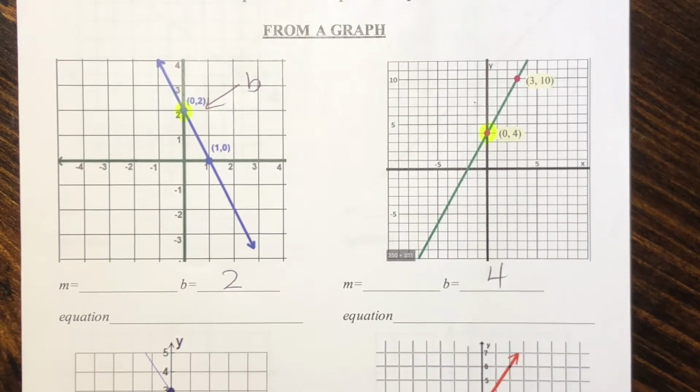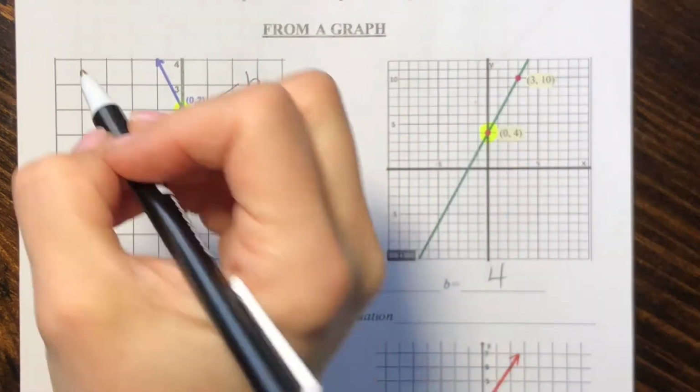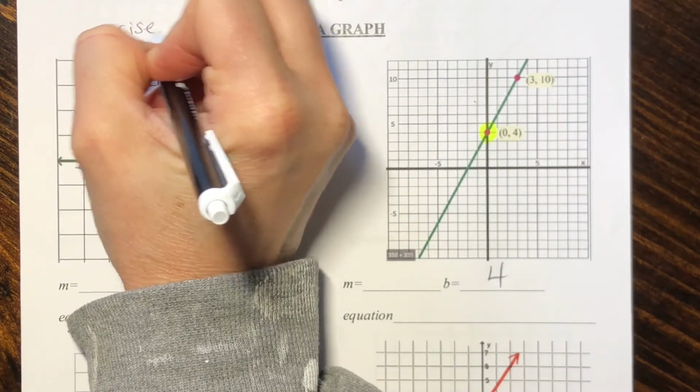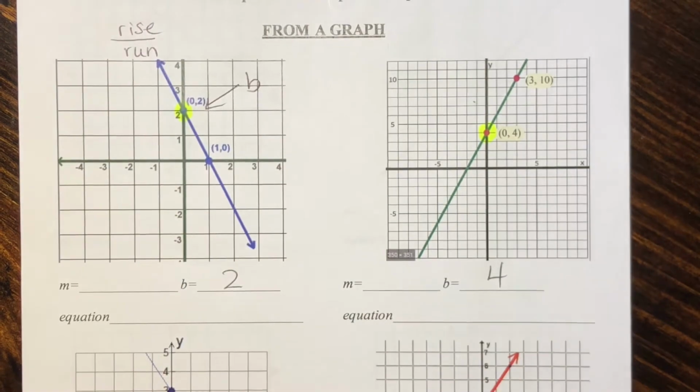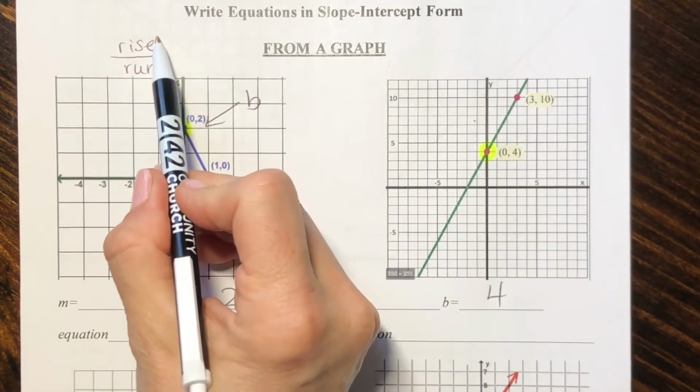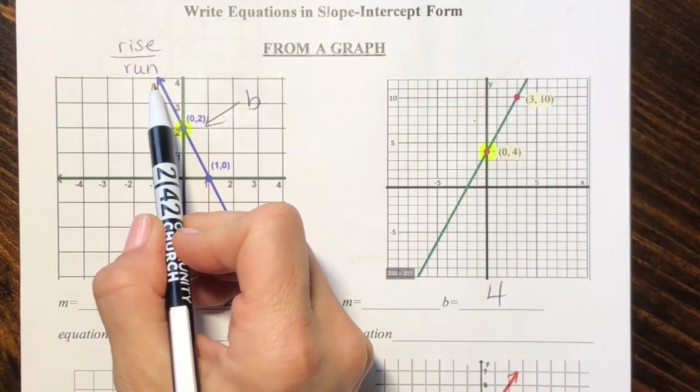Now, finding slope is a little bit different. You have 3 options, and I'm gonna review all of them with you. I'm gonna start with what I'm hoping you use first because it's the quickest and the easiest. If we remember, slope is defined as the rise over the run, meaning your vertical distance to your horizontal distance.